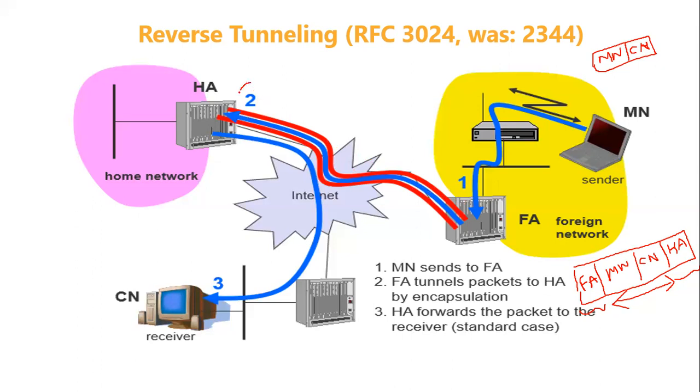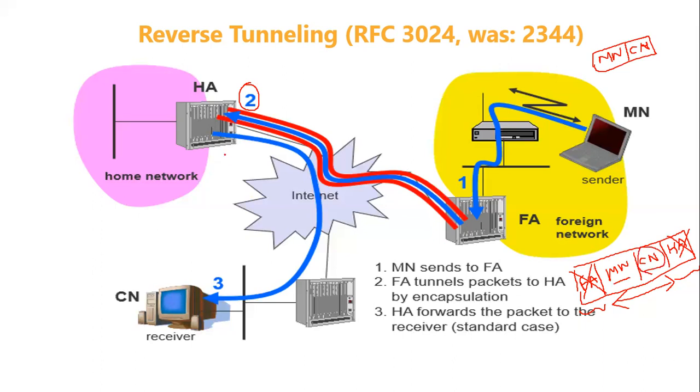Now the packet reaches HA. HA decapsulates this packet: it will remove the external header, and it will take out the packet which is present inside. It will understand that the destination address is CN.